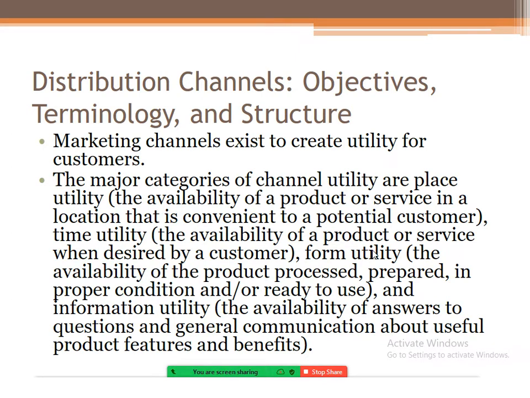So, Coca-Cola or other soft drinks have created the place utility. The starting point in selecting the most effective channel management is a clear focus of the company's marketing effort on the target market and an assessment of the way in which distribution can contribute to the firm's overall value proposition.